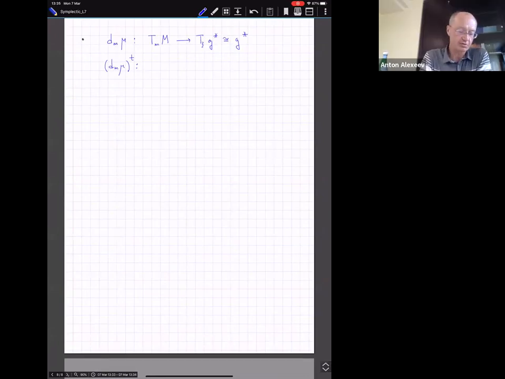Right, so the cotangent map maps the cotangent fibers. So this is isomorphic to G. And I want to introduce one more element.